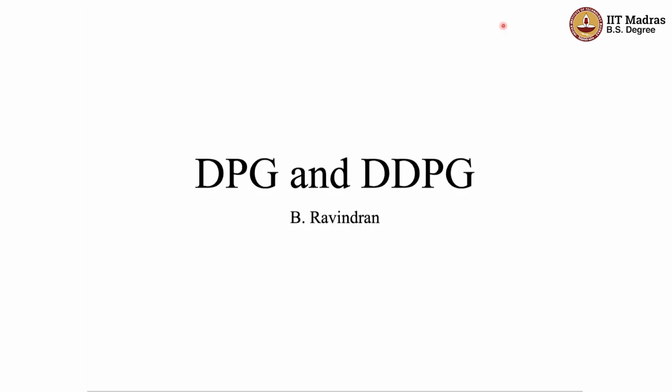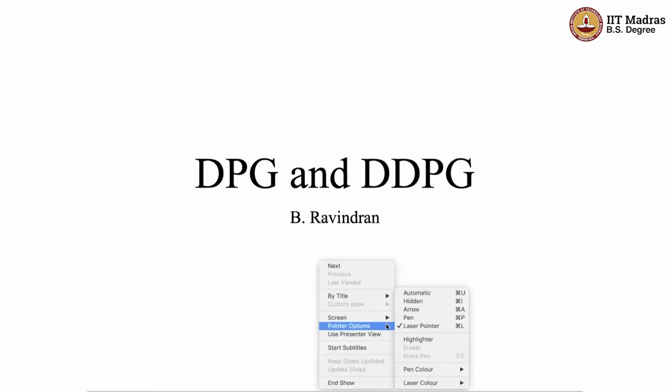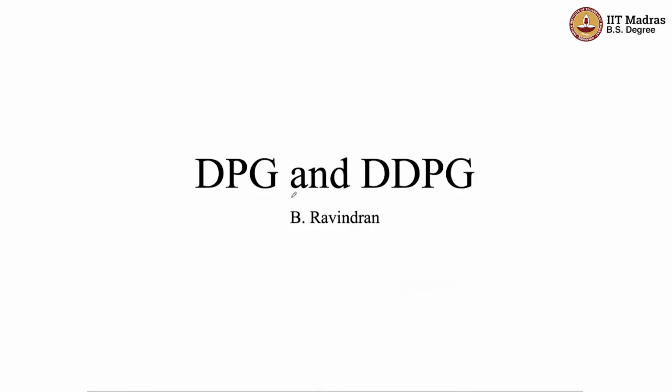What we are going to look at today is a pair of approaches which we call DPG and DDPG, where DPG stands for deterministic policy gradient. And DDPG stands for Deep Deterministic Policy Gradient.